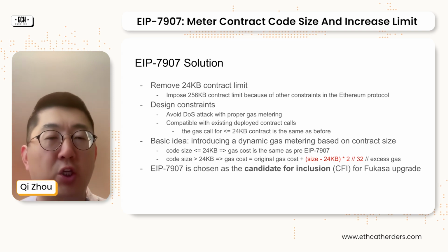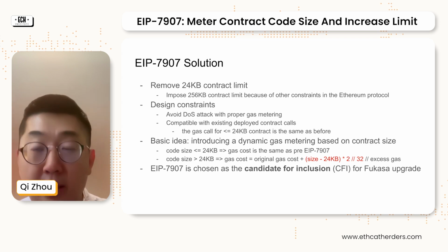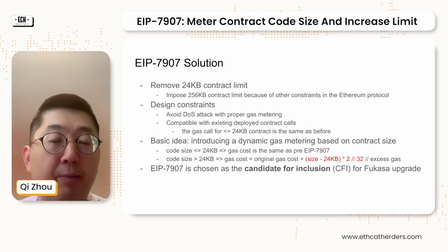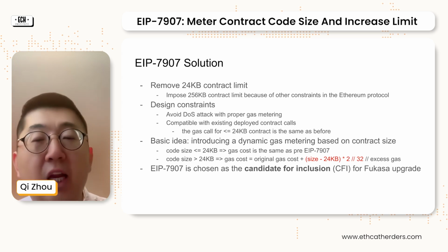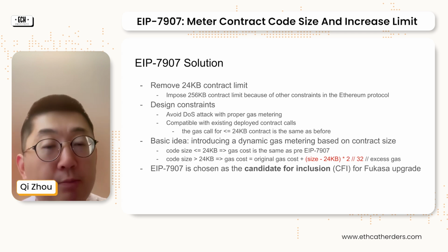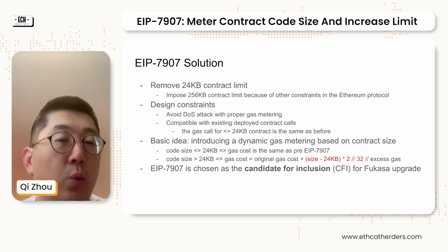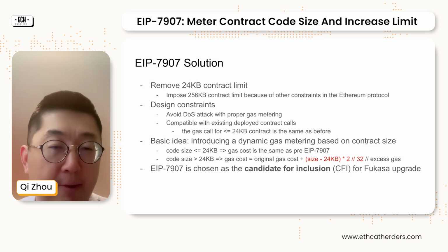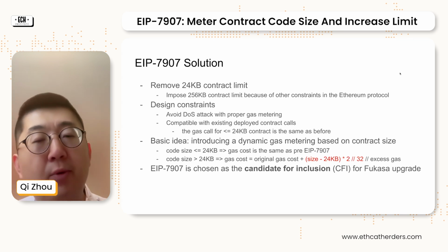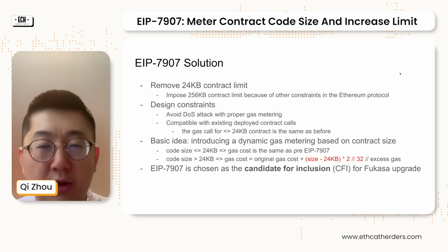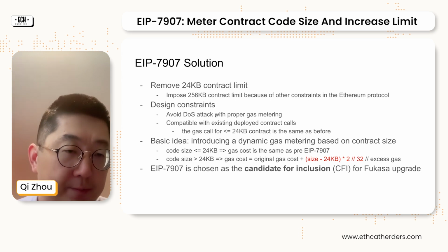All existing contracts should still work as before without any breaking issues. This used to happen before when we tried to reprice some gas prices, and we had to evaluate all existing contracts to make sure there were no breaking issues. So in the current design, we make sure everything is fully compatible, so that we do not require existing contracts that may be broken to be redeployed. That is not good for us. So these are the two basic constraints.